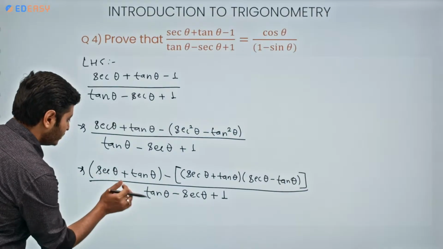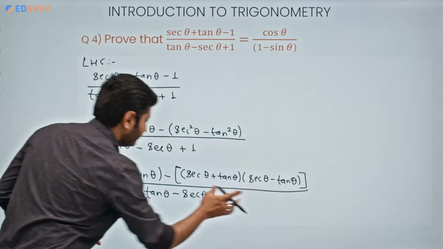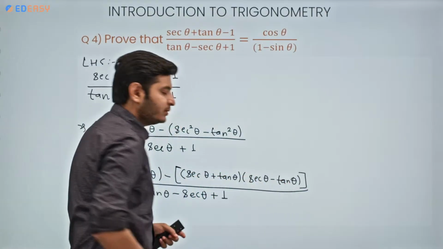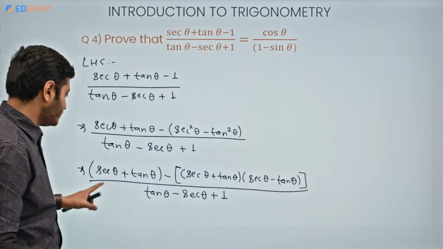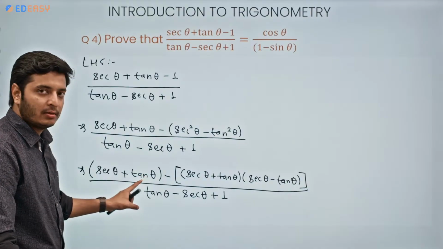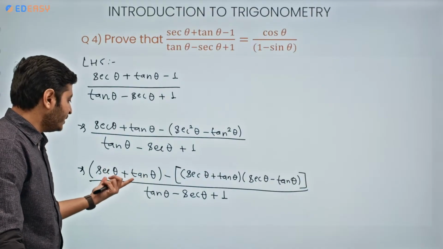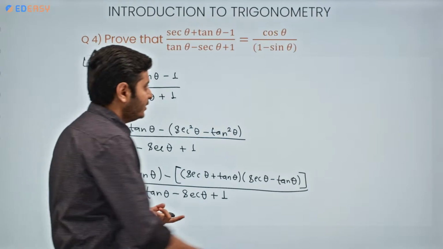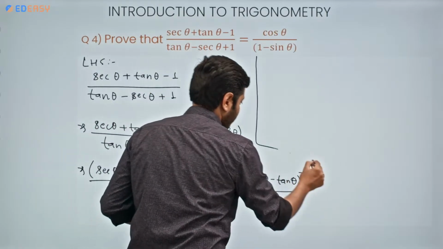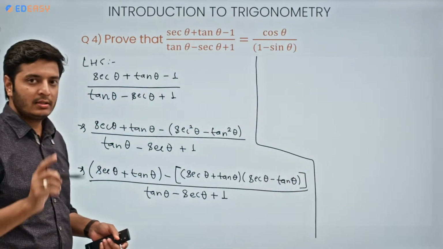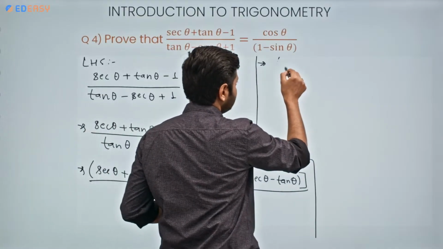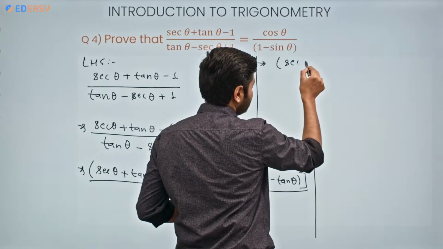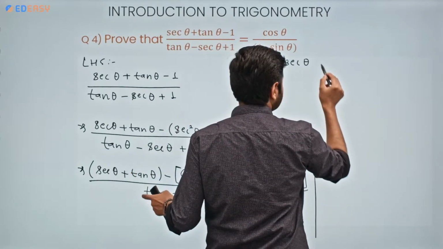Now look at these two terms, this one and this whole term. Out of these two terms, can we take anything common? Yes, we can. What is that? Secant theta plus tan theta. So if we are taking secant theta plus tan theta common, then we are going to be left with some part. So first write the common that you are taking. Secant theta plus tan theta.